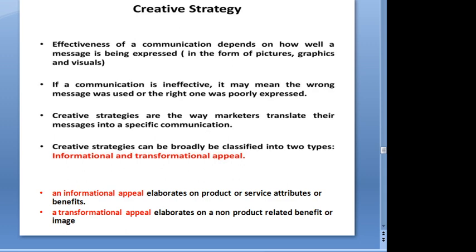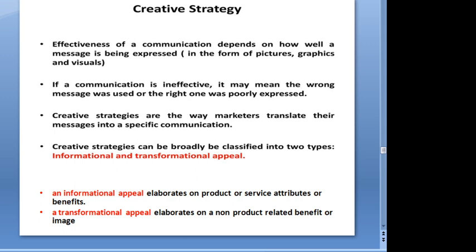If communication is ineffective, it may mean the wrong message was used or the right one was poorly expressed. Creative strategies are the way marketers translate their messages into a specific communication. So, creative strategy can broadly be classified into two types: informational and transformational appeal.